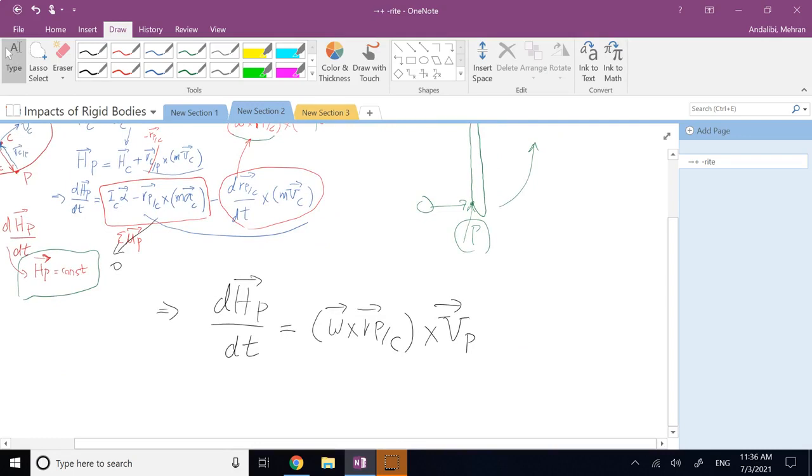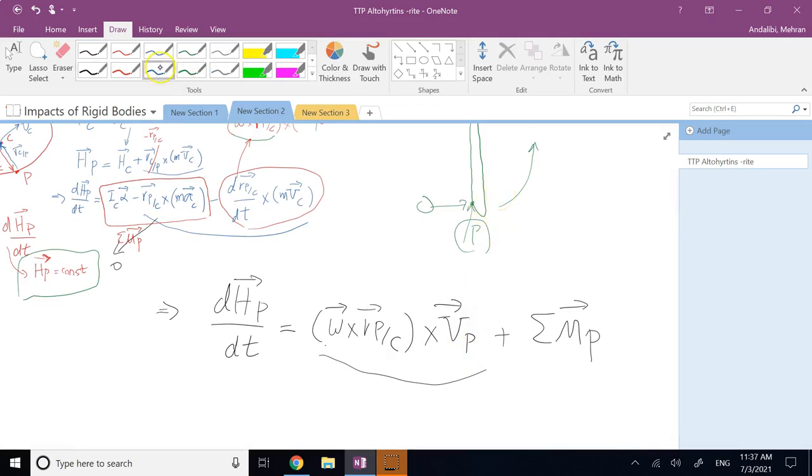If you take the sum of the moments, of course, this is plus the sum of the moments about P in general. And for us, in the case of impact, this is 0 for each object. But if you want the whole thing to be 0, so that we can say H about point P is constant, then this term should also be 0. And as I said, either V of P has to be 0, which in the case of these two cars is not 0.